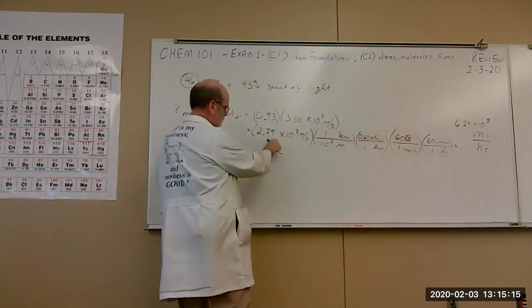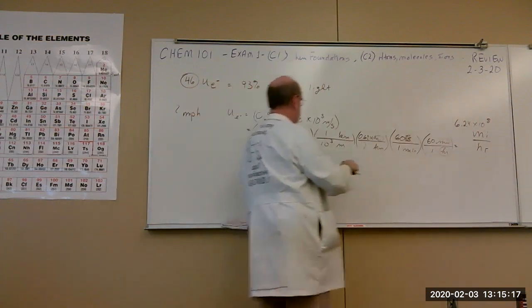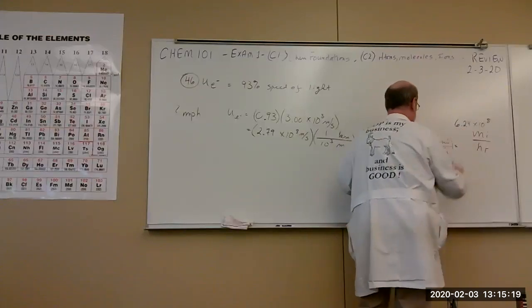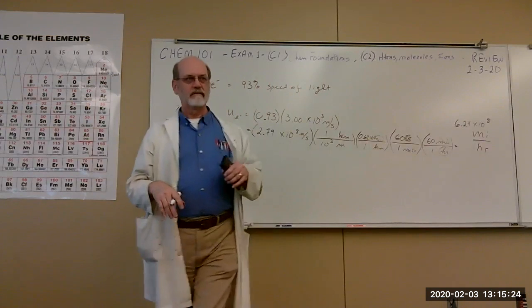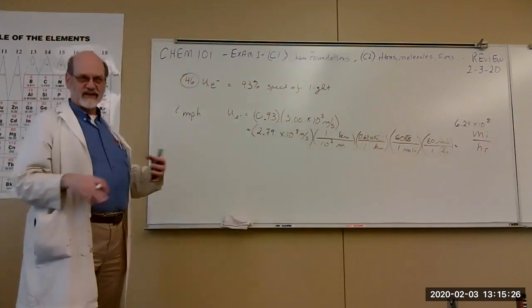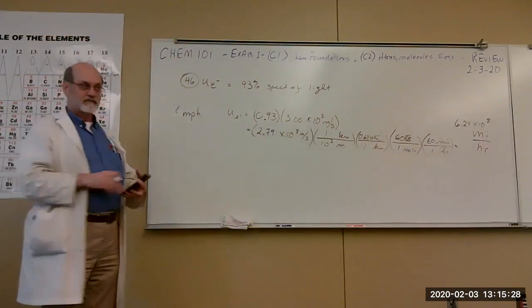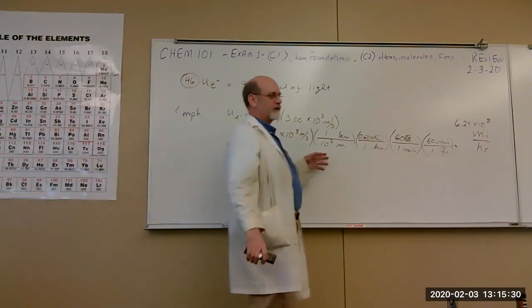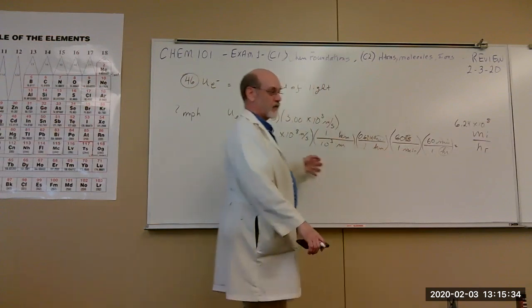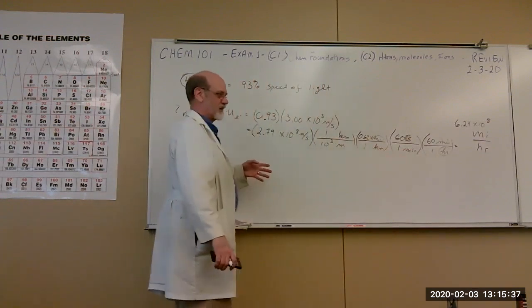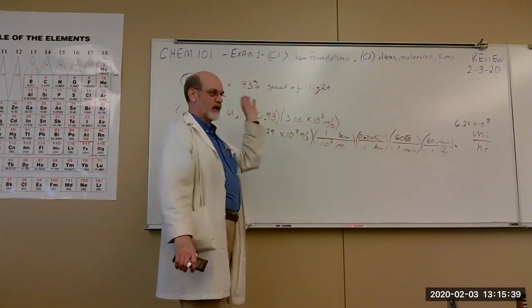And I kept 3 significant figures from here, 3 here. And what do we do with the conversion factors? They don't count. They're exact numbers. They have an infinite number of significant figures. Right. Question?